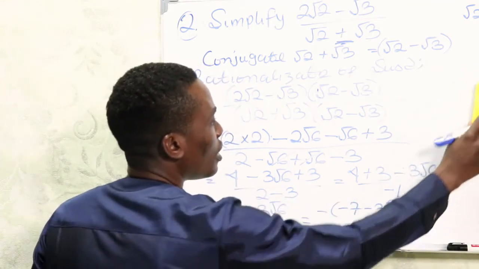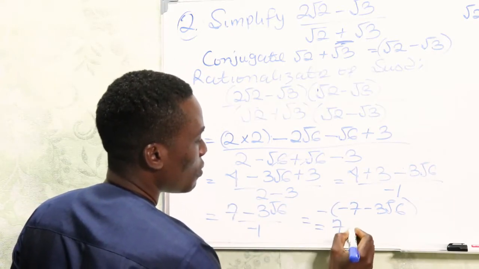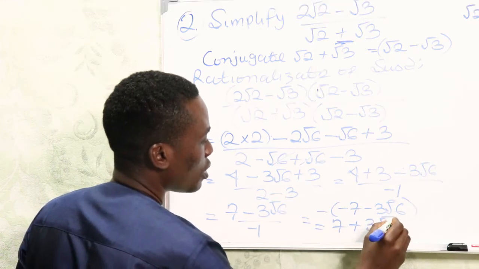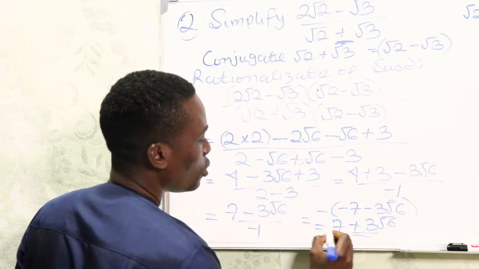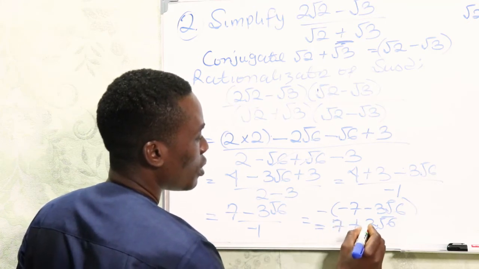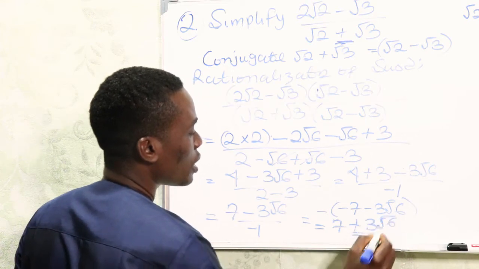When we simplify further, we are going to get 7 plus 3√6. So our solution finally to this question is 7 plus 3√6.